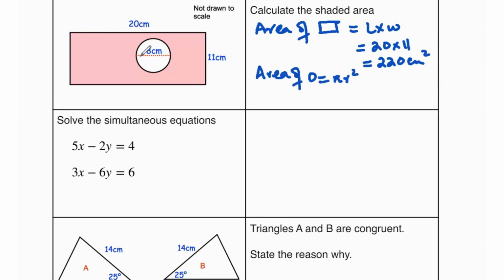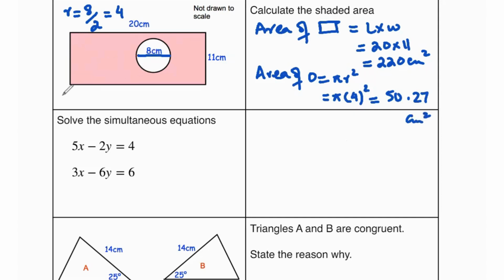Diameter is your entire length from one point on the circumference to the other, as long as the line is passing through the center. So diameter is 8, radius is going to be half of the diameter, and that is 4. So we're going to do pi times 4 square, and that's going to give us 50.27 centimeters square.